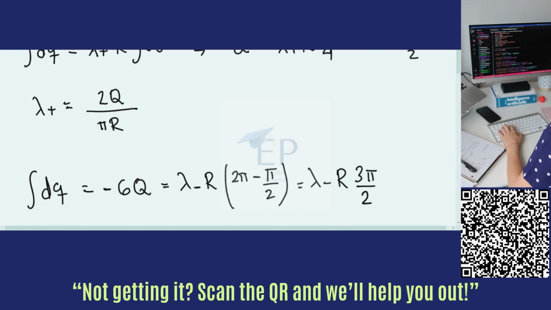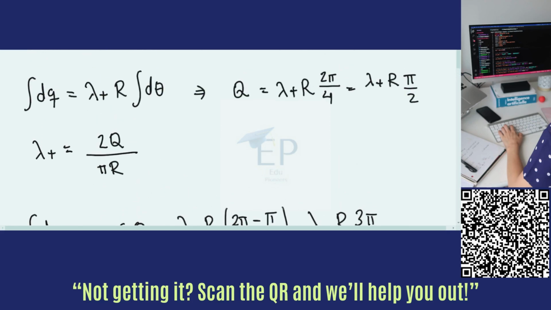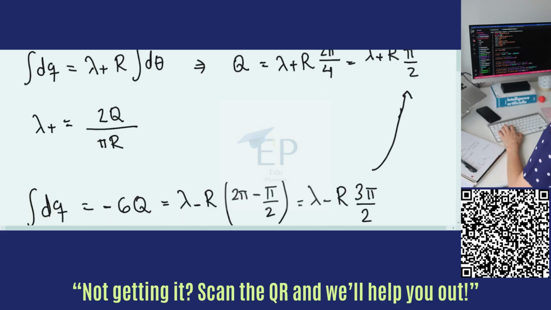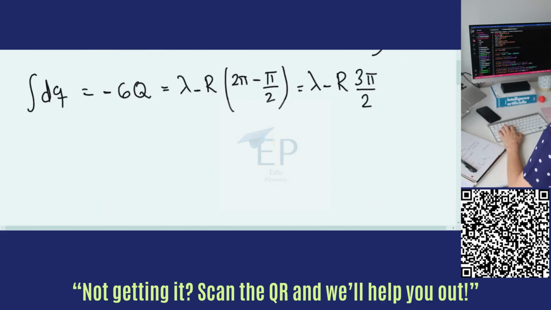And we can see that if we sum this angle with the one from the previous segment, we will obtain 2 pi, which corresponds to the circumference of a circle. Solving also for the linear density, we will have minus 12q over 3 pi r.